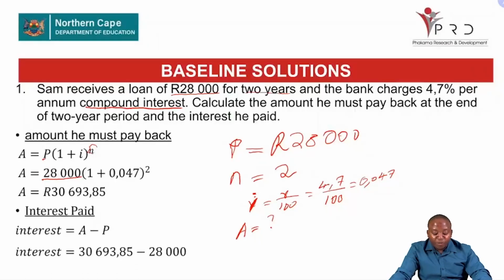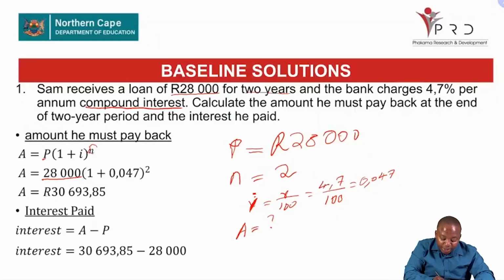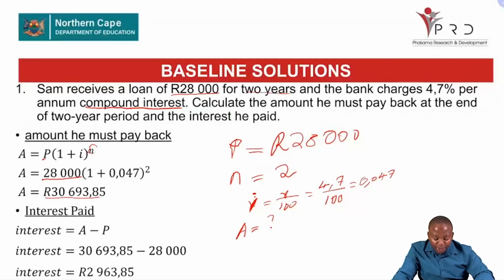Remember our future amount calculated above, A, is 30,693.85. Then we minus the amount that we have received. Then how much interest did we pay? So we paid an interest of 2,963.5.